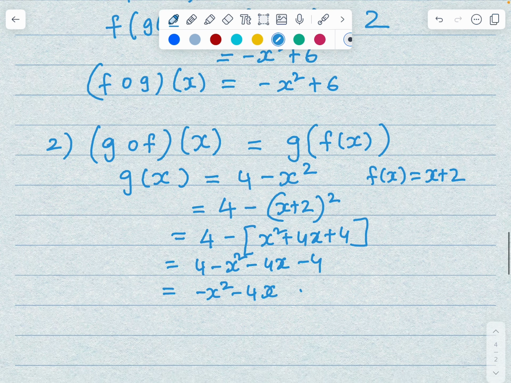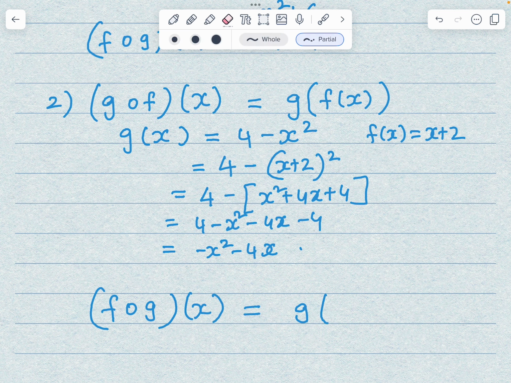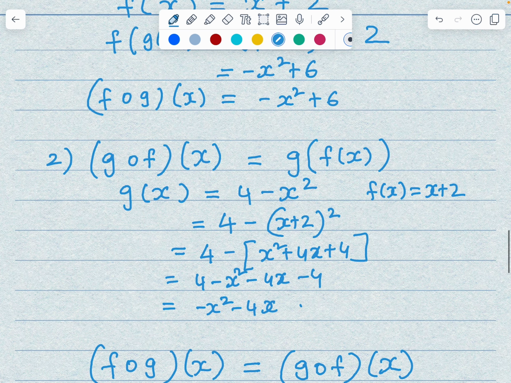Now, sometimes we make a check. Is f of g of x equal to g of f of x? In this case, it's not, because what was f of g of x?